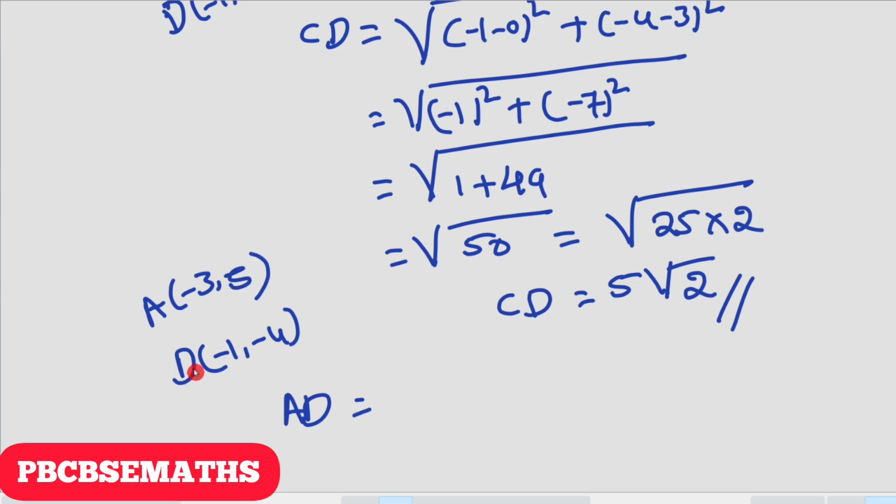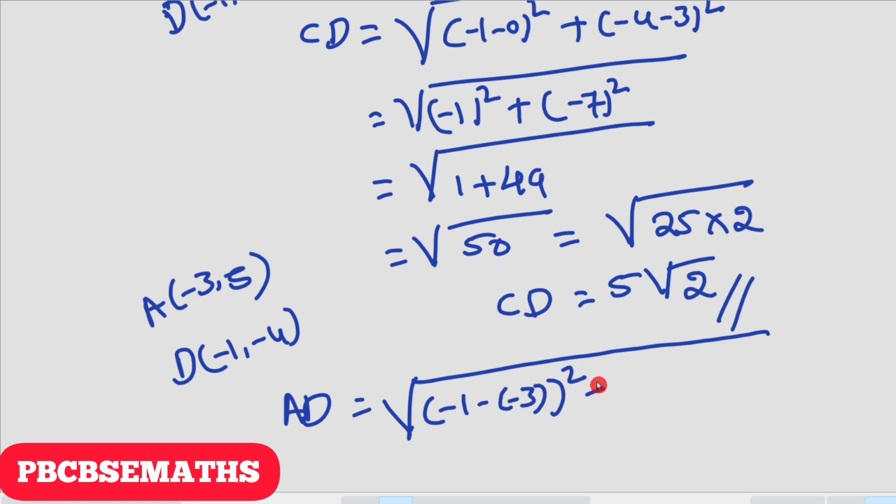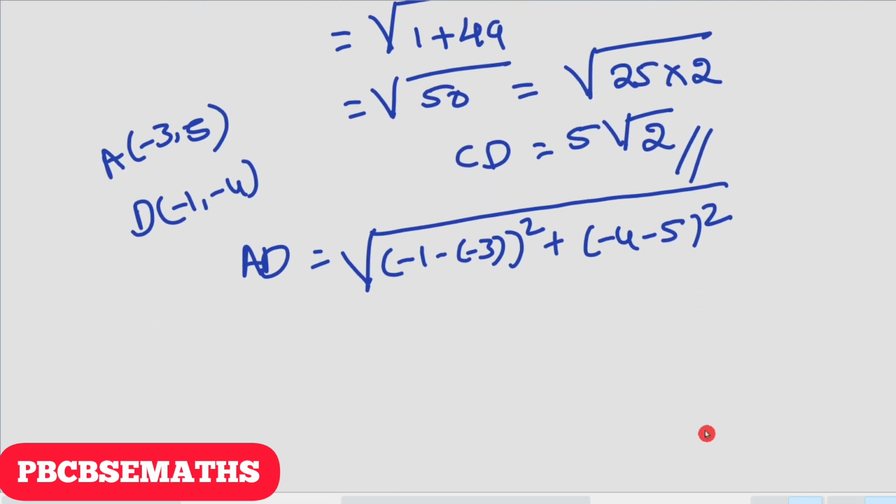Let's consider A as x1, y1 and D as x2, y2. Then using the distance formula we have minus 1 minus of minus 3 whole square plus D value minus 4 minus 5 whole square. Let's simplify it now.